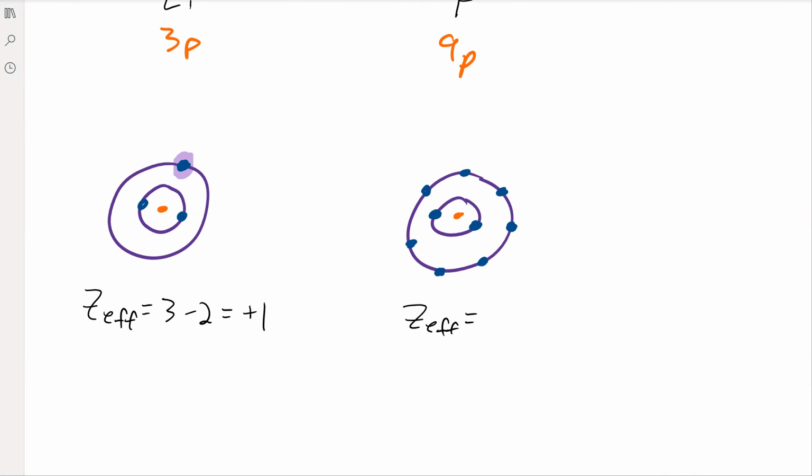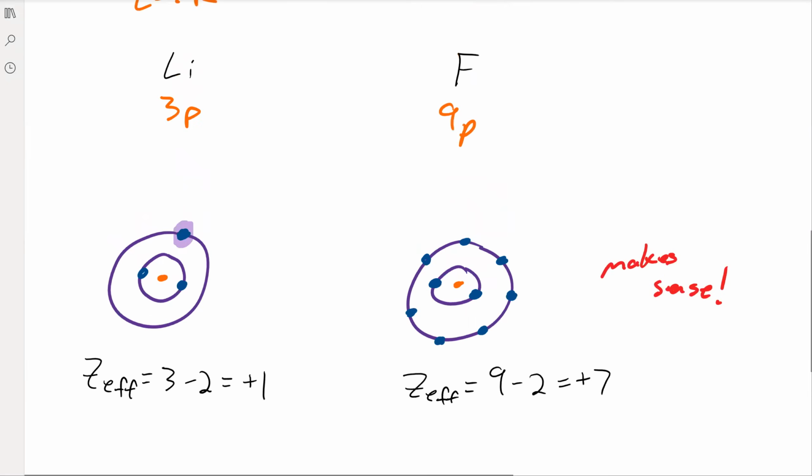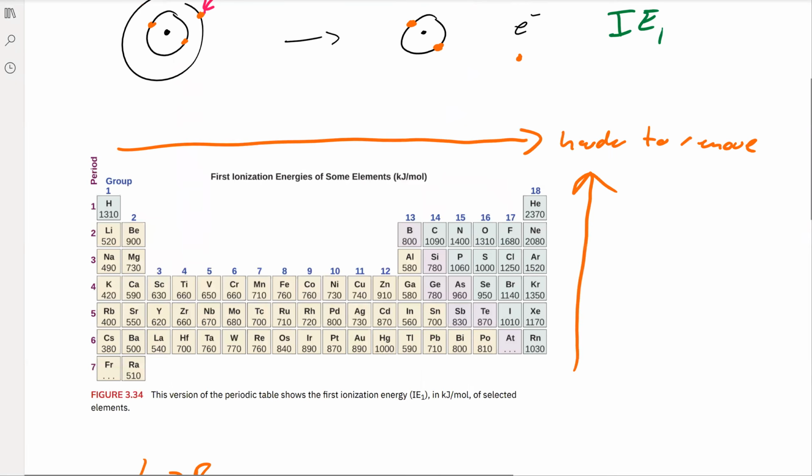The Z effective for fluorine, meanwhile, has 9 protons this time. We still only have 2 shielding electrons, so they feel a +7 pull. So it makes sense that it would be much harder to remove an electron from fluorine than from lithium. That left to right trend makes total sense.